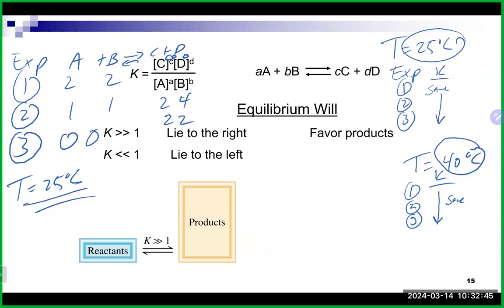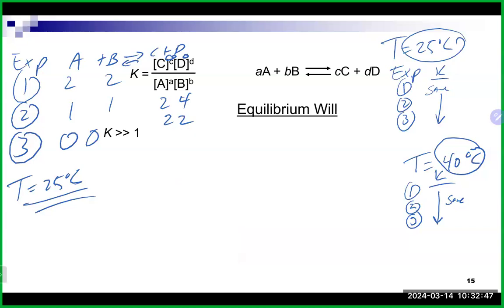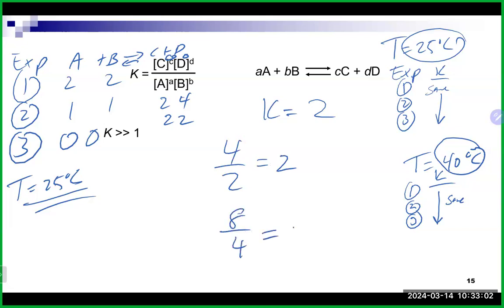So I always think about it like this. A very simple example to illustrate that is, I'm going to go with the number 2 here, yes? And I want my equilibrium constant to be 2. If I take 4 divided by 2, I get what number? 2. I take 8 divided by 4, I get 2. Take 2 divided by 1, I get 2.